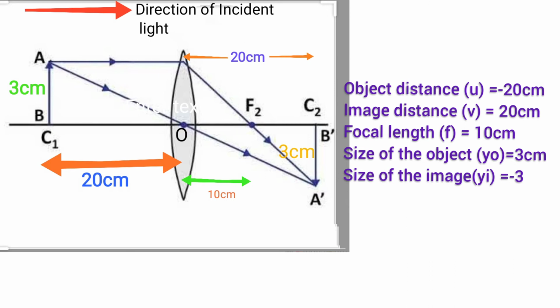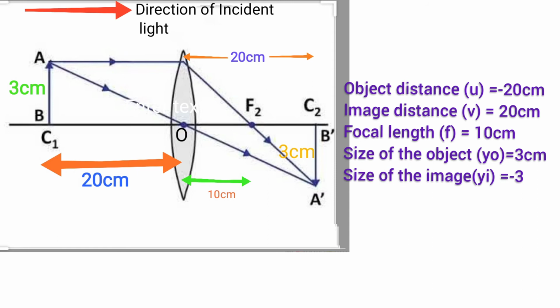Minus because the object distance OB is measured along negative x-axis, that is against the incident light. The focal length of the lens is plus 10 cm because it is measured along the positive x-axis or in the direction of the incident light. And for similar reasons, the image distance v is plus 20 cm.